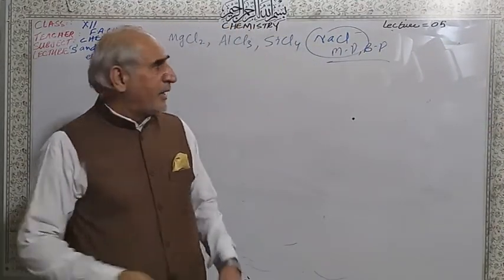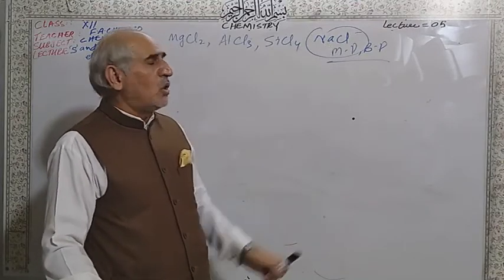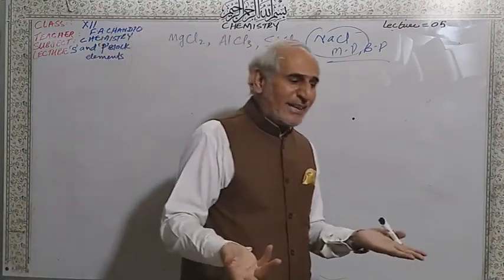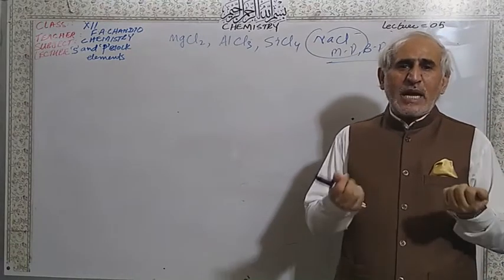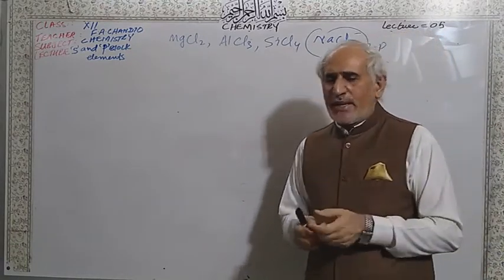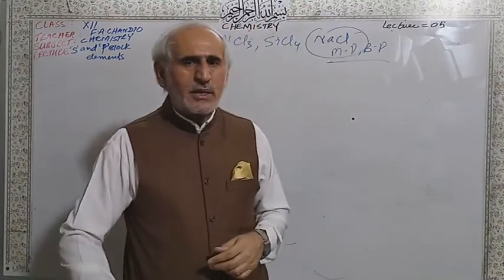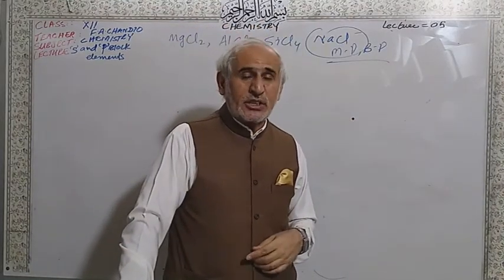So 6 is less than 7, slightly acidic in nature. Aluminum chloride also is going to be slightly acidic. Silicon tetrachloride is also acidic. So this is question number 1.